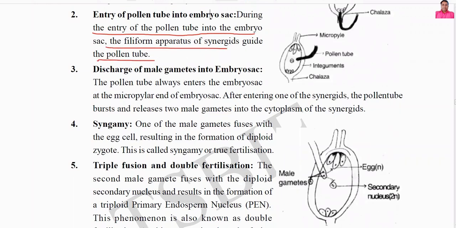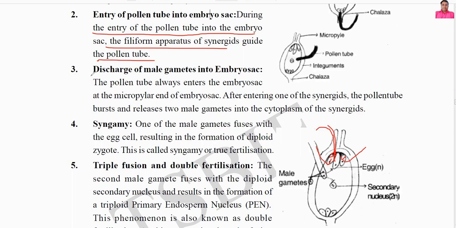Here you can see the synergids. Because the filiform apparatus is there, it attracts the pollen tube towards the micropylar region. Because of the filiform apparatus at the mouth of the synergids, they allow the pollen tube into the embryo sac.